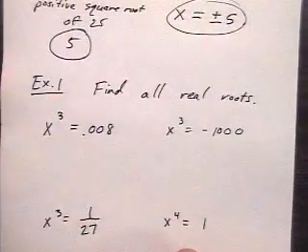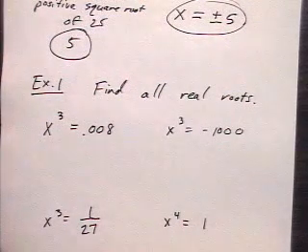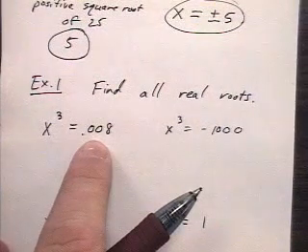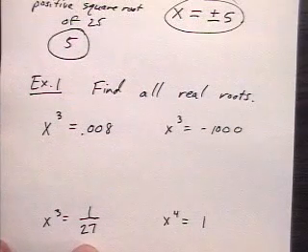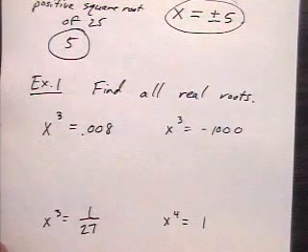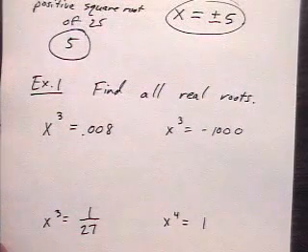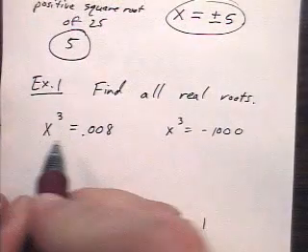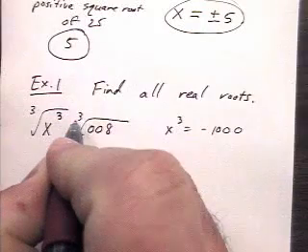Now, these particular questions in the book, it says find all the real roots, and they say find all the real cube roots of 0.008 and negative 1,000 and 1 over 27. Well, I've modified the question a little bit, but it says exactly the same thing, right? So to solve this, you would take the cube root of both sides.